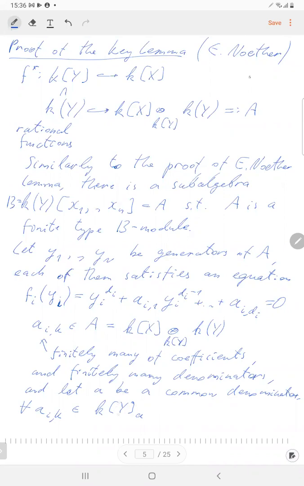Oops, but by the way, I said something wrong. So these coefficients, they were not in the ring A itself, but in B, right? So in polynomials. Sorry. So these coefficients lie in B. Okay. So it was k of, sorry.